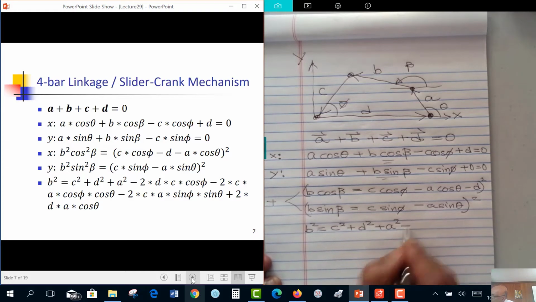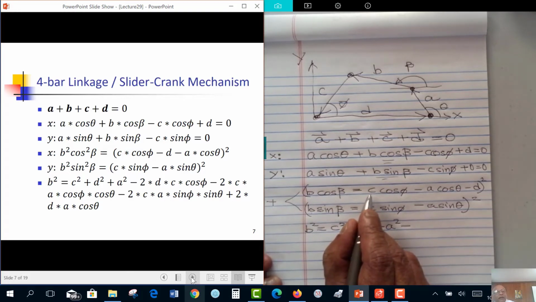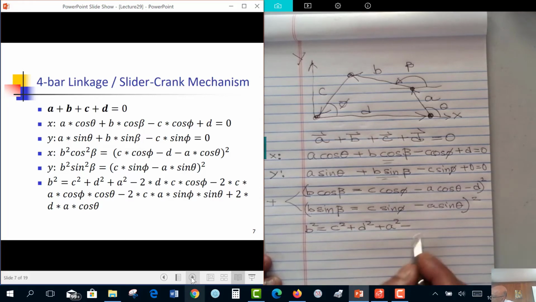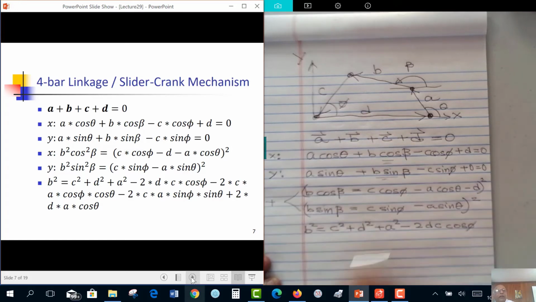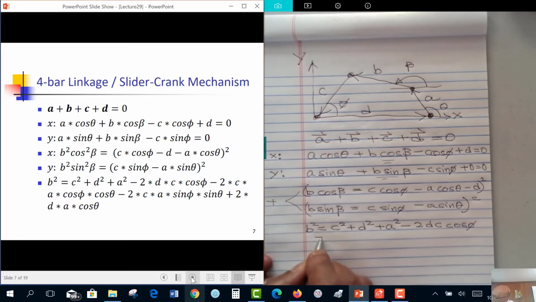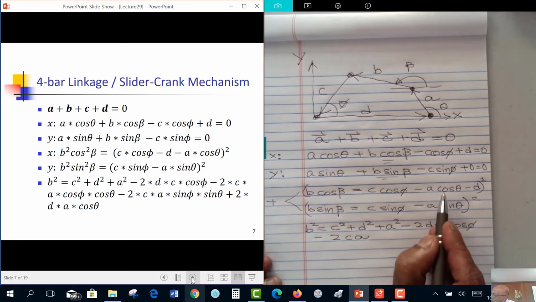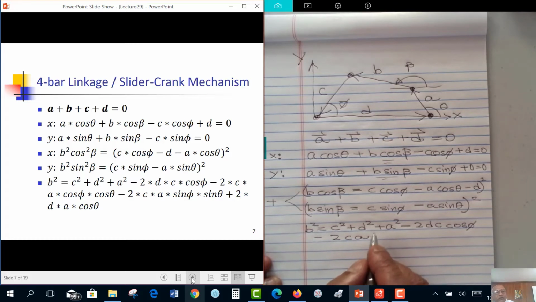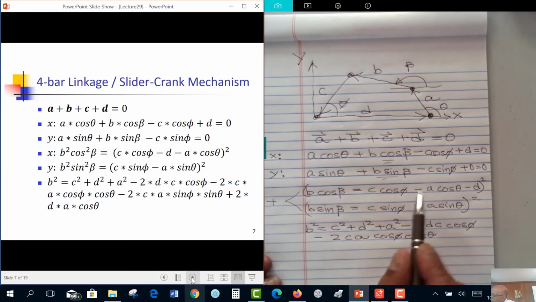Then now we will have the cross terms. So we'll have D and C, so we'll have 2DC cosine phi. Then we will have C and A, so minus 2CA cosine phi cosine theta. Okay. So remember this has three terms, so there'll be three of these.